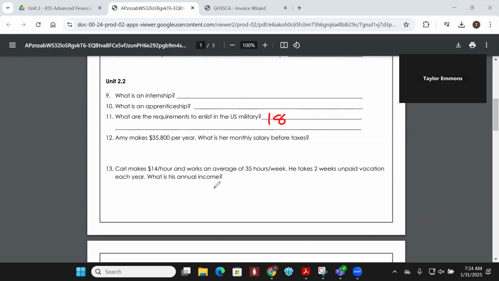You have to pass a physical fitness test, so you have to be somewhat in shape. And you have to be a US citizen. These are the three main things you have to be in order to be in the military. Cool.